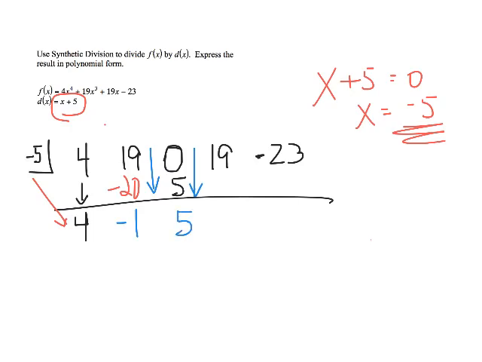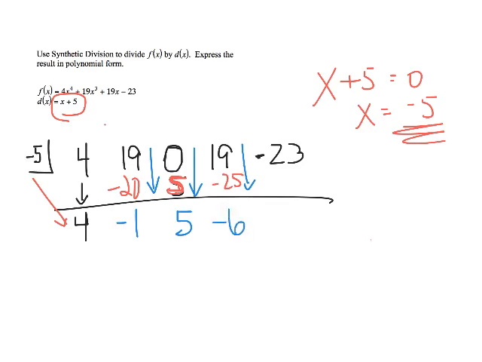Technically I should have done that one in red. That's going to drive me nuts. There we go. Fixed. So then when you repeat your process again, negative 5 times a positive 5 equals a negative 25. So that's heading there. And straight down your column, 19 plus a negative 25 is a negative 6.